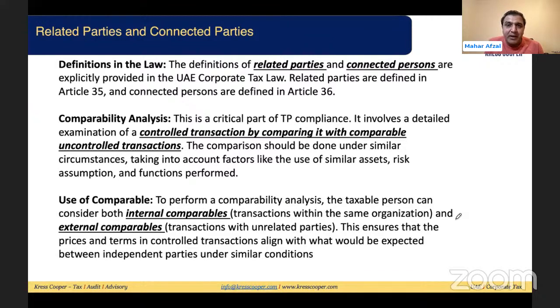What is comparability analysis? Comparability analysis means to compare the controlled transactions with the uncontrolled transactions under similar circumstances. Once we are comparing the controlled transaction with the uncontrolled transaction, this is called comparability analysis. And comparables can be internal comparables or external comparables.